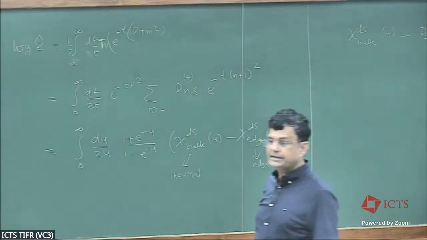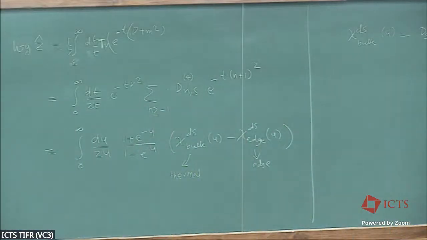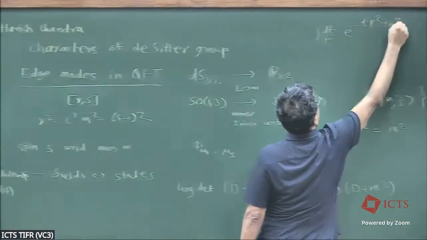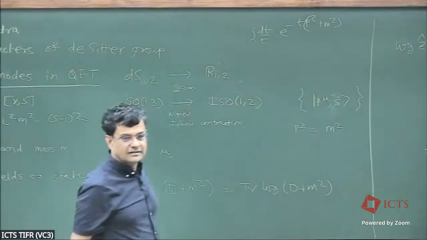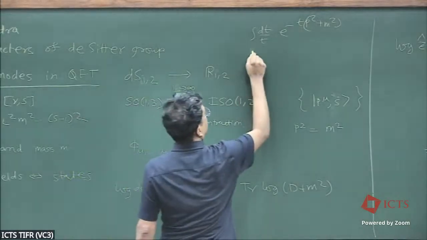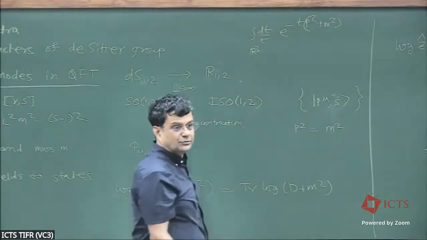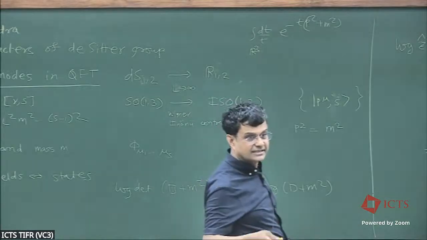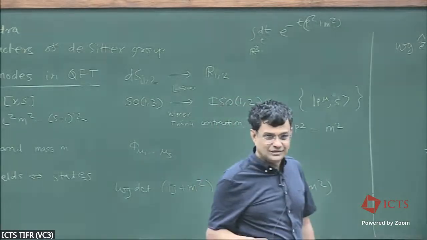I think it's a good idea to keep in mind flat space. In flat space it would be dt upon t, e to the minus t times (p squared plus m squared). That's your path integral, suppose you were doing it on R3. You will interpret that as SO(1,2).